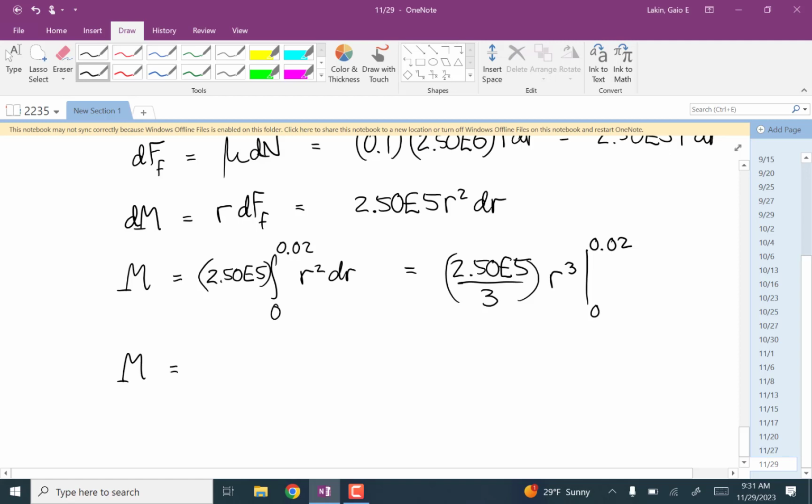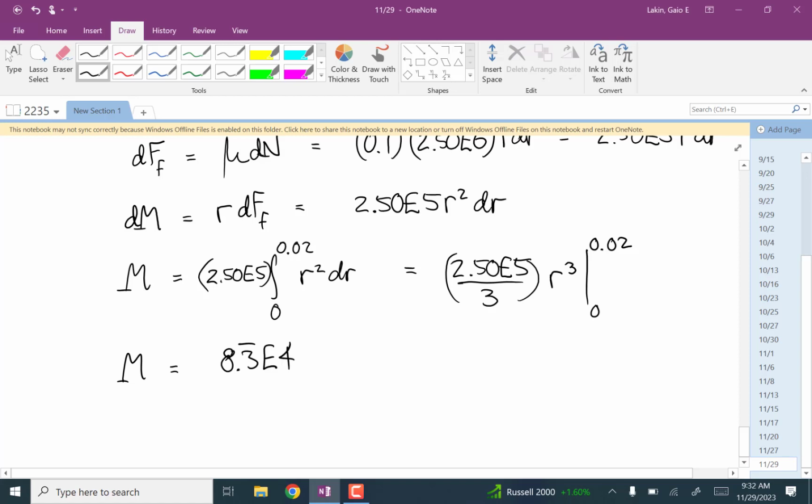And so this total couple is 2.5 times 10 to the 5, okay, so that divided by 3, that should be 8.3 repeating times 10 to the 4th. Is that right?